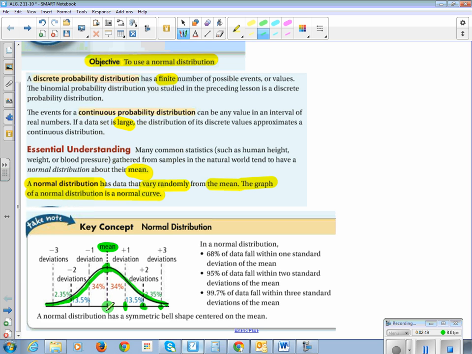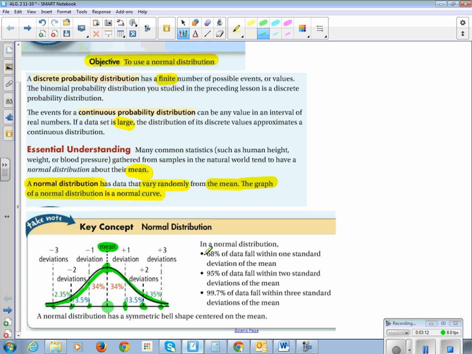The same is true on the left-hand side, below the mean: 34% between the mean and the first standard deviation, 13.5% between the first and the second, and 2.5% between the second and third.